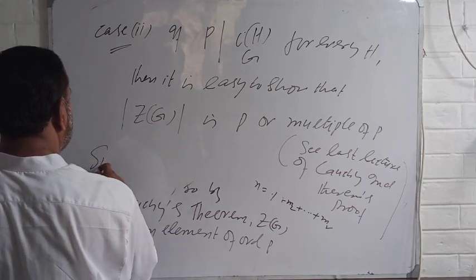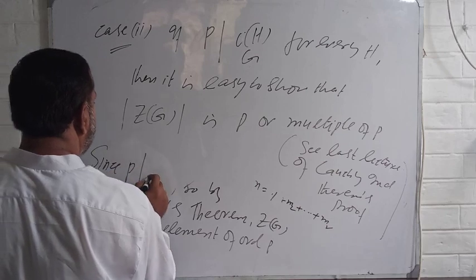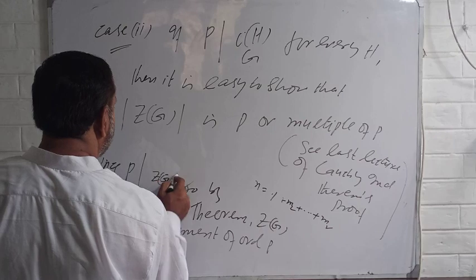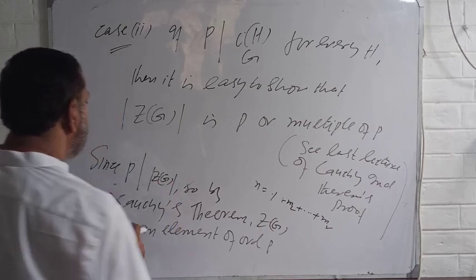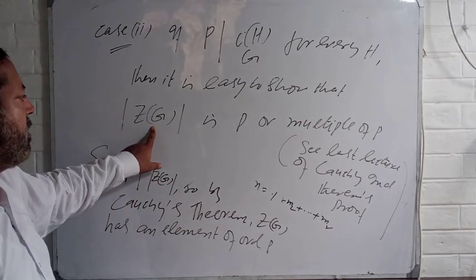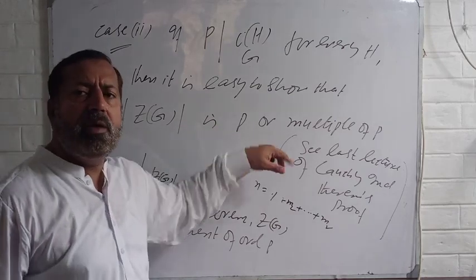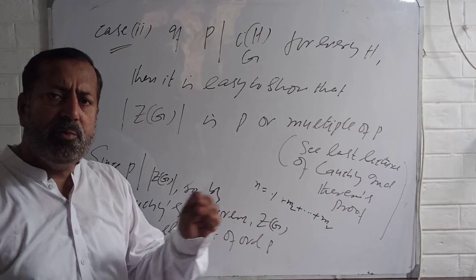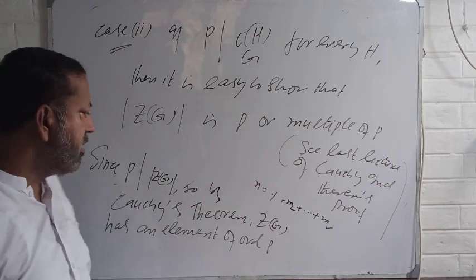Since p divides the order of the center of G, since the order of the center of G is p or a multiple of p, as we have shown already in Cauchy's second theorem's proof and also in previous theorems.